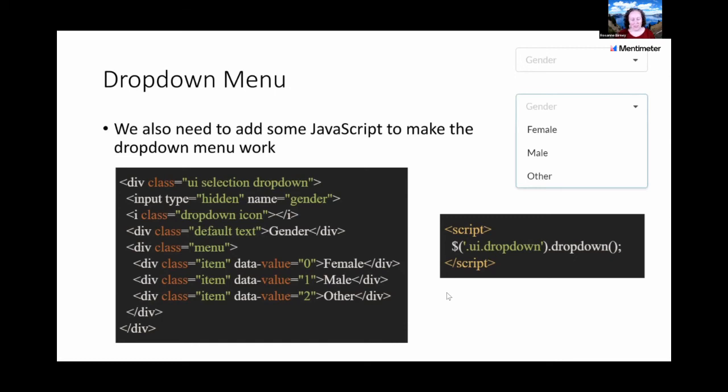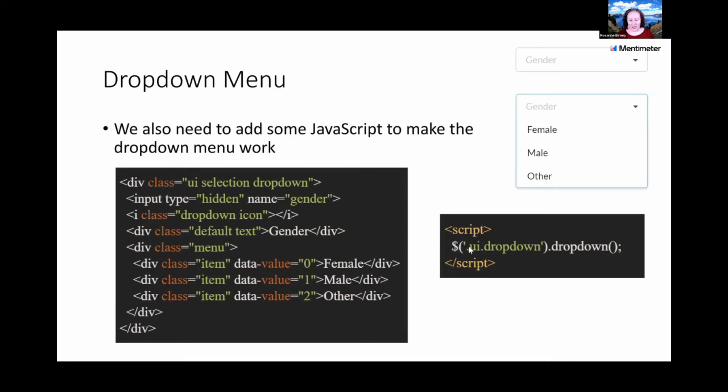And similar here, when we're clicking on this drop-down menu, we need some JavaScript to make it work. So when you do start using drop-down menus, you'll also need to add this script that you see here. This script should go down at the bottom of the page, usually just before the closing body tag. So it's within the body section, but just at the very end.